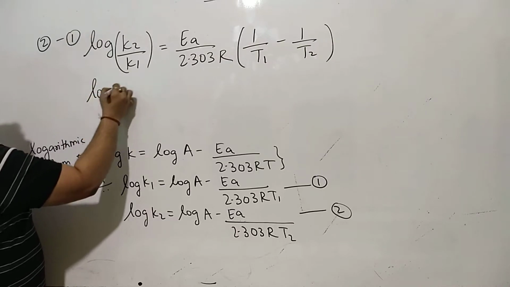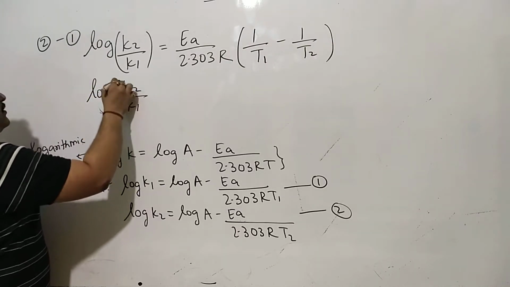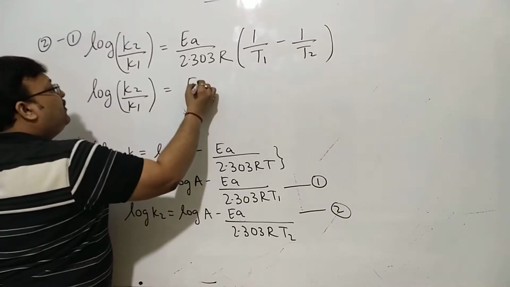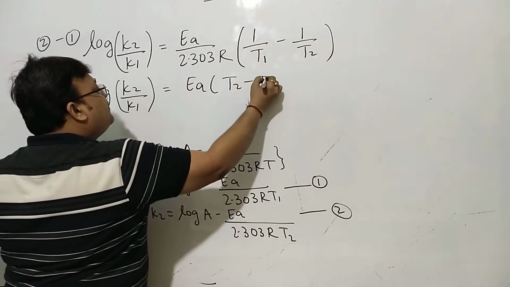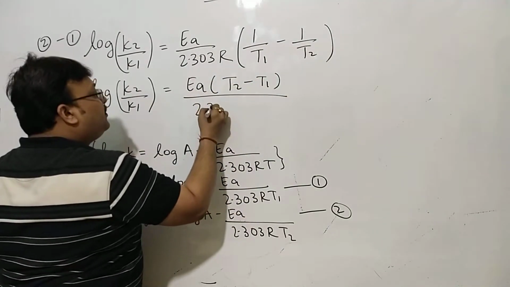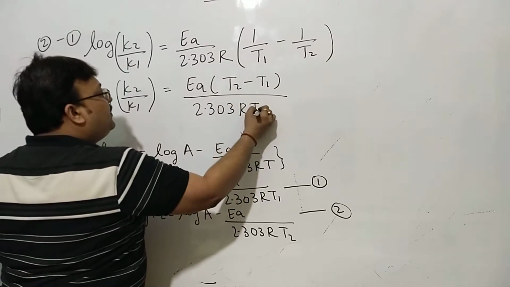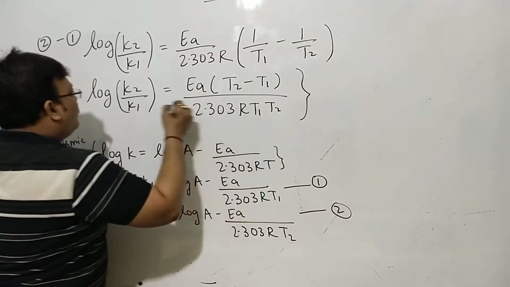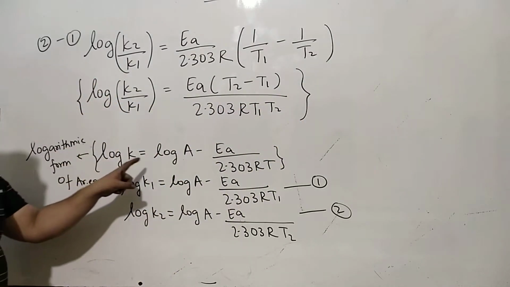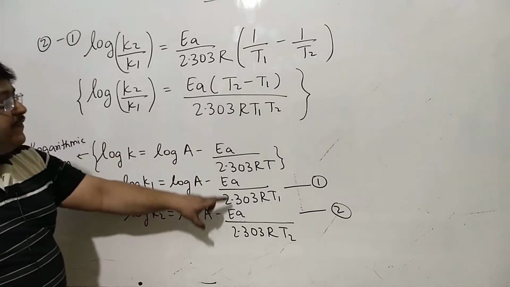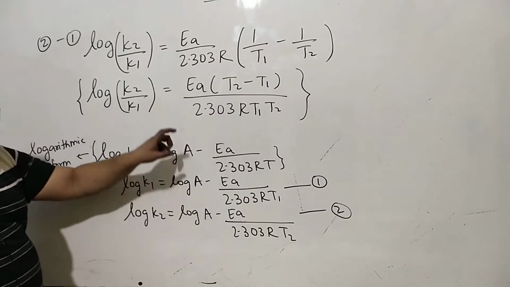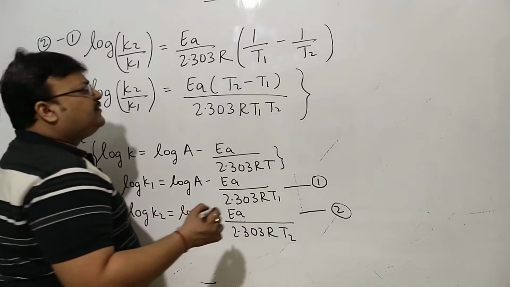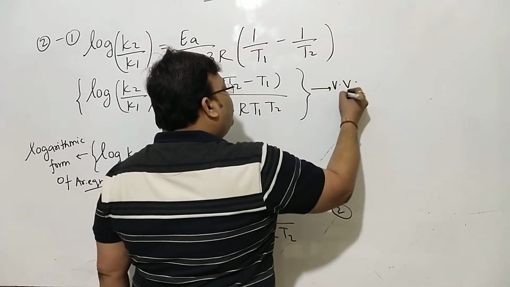I can rewrite it as log K2 by K1 is equal to EA (T2 minus T1) upon 2.303 R T1 T2. It all began with the logarithmic form of the Arrhenius equation at two different temperatures, two values of K, and this is a very, very important result.